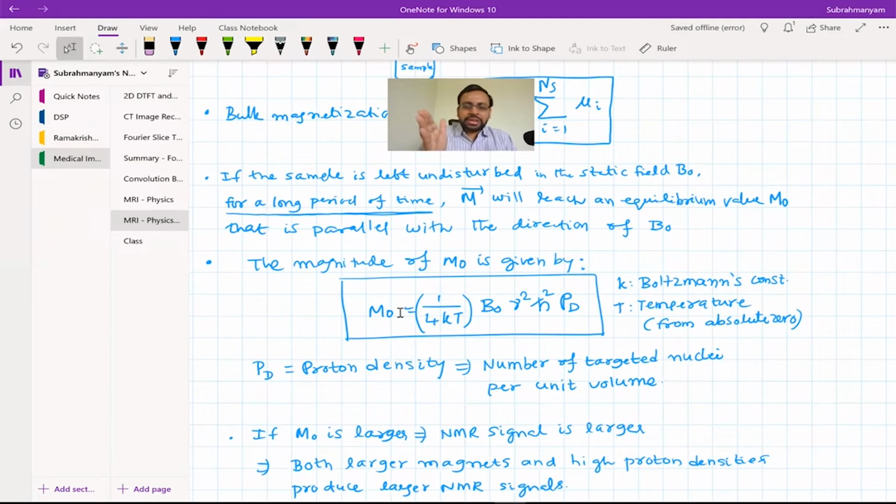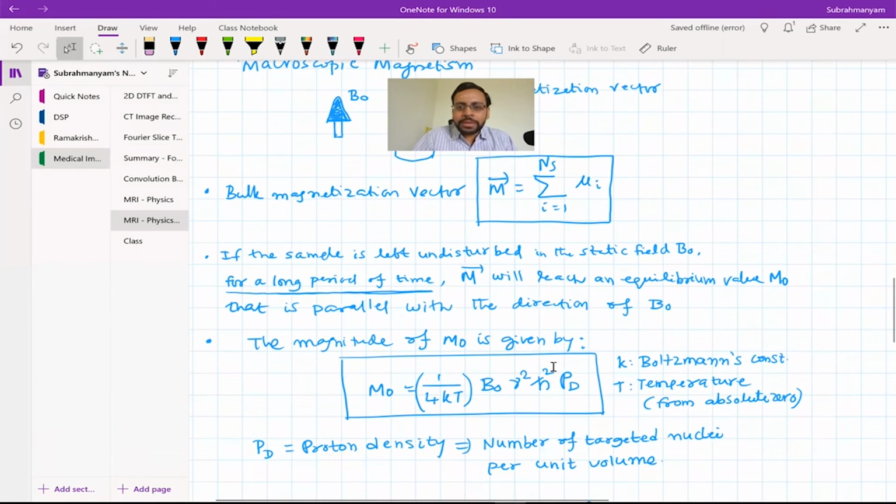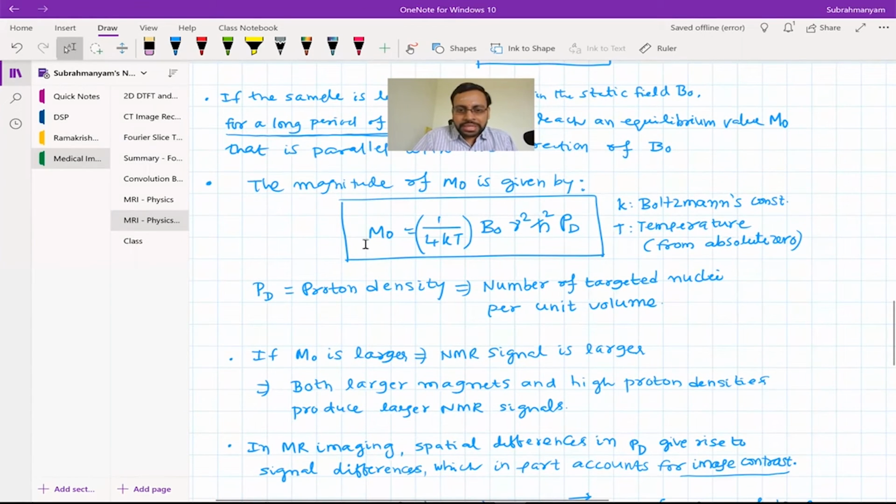There are other things, like how fast it would recover when a perturbation is given. Those we will discuss in the next class, which are T1 and T2 relaxation times. But this is another clear, distinct difference you observe in regions with different tissues, which can be differentiated by having different proton densities. Then they would result in different M naught values. Is that point clear?